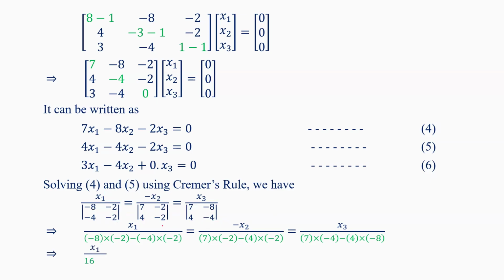So if we simplify it, x1 upon 16 minus 8, minus x2 upon minus 14 minus 8, and minus minus becomes plus, which is equal to x3 upon 7 into minus 4 is minus 28, and minus 4 into minus 8 is 32.